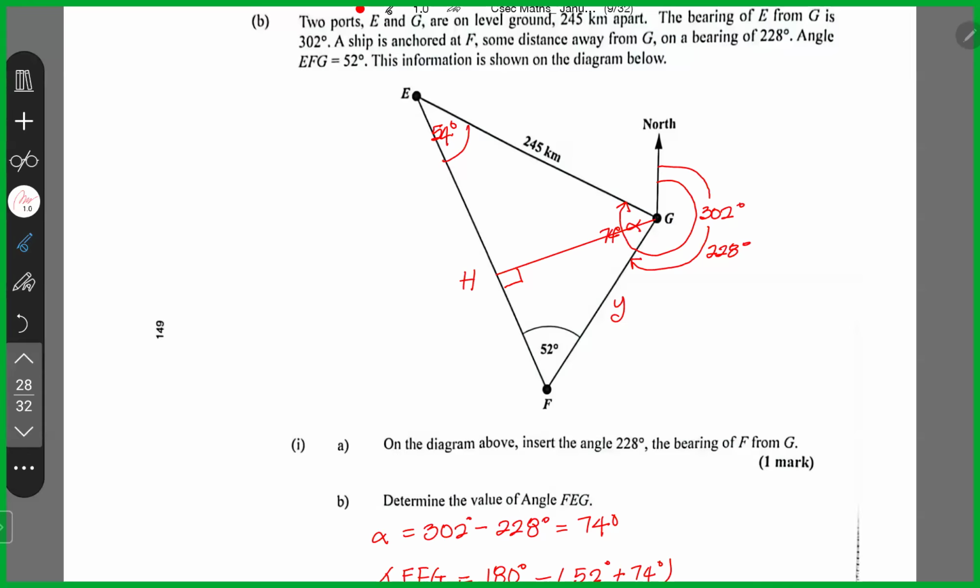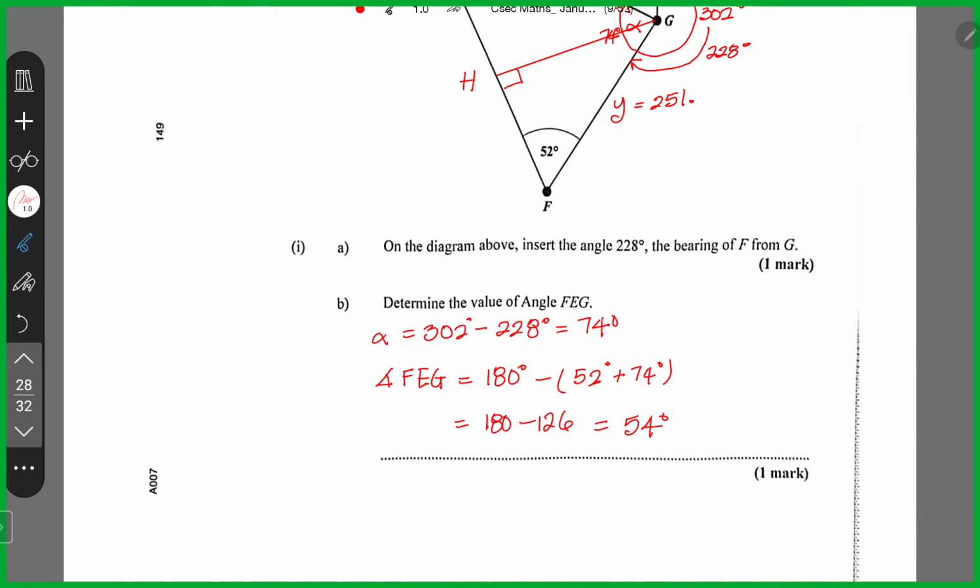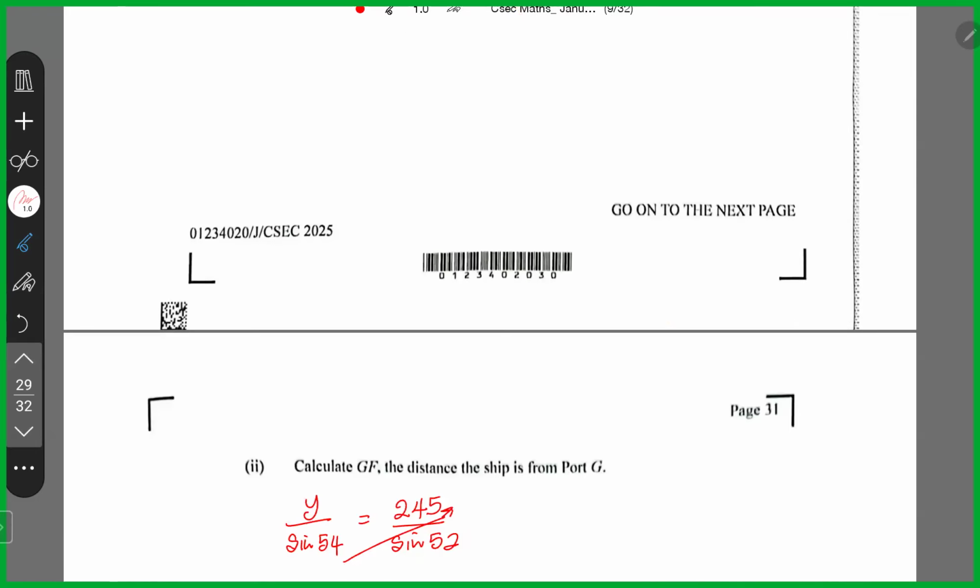The shortest distance from G to EF would be the length of the line GH such that GH forms an angle of 90 degrees with EF. Remember, we already found Y to be 251.5 kilometers.